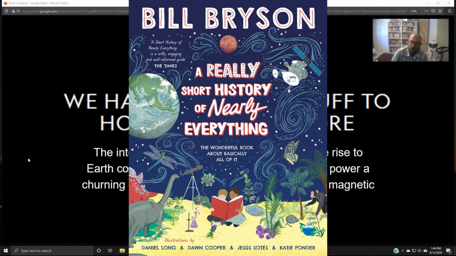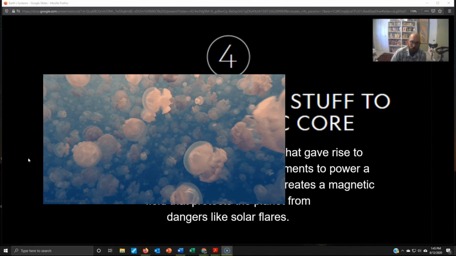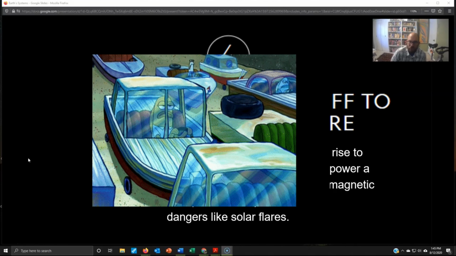But as Bill Bryson in his book, A Short History of Nearly Everything, says, we probably wouldn't have baseball. Because if we didn't have plate tectonics, the entire planet would be ocean, about 3 miles deep. So we wouldn't have continents. We would just have the ocean and then the ocean floor. So there'd still be life, but it may not be super interesting.